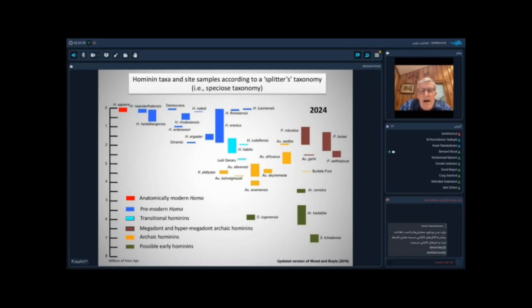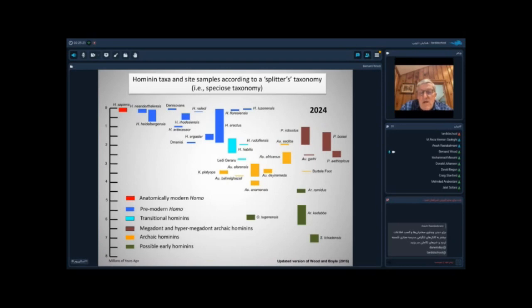The colors are an attempt to try and divide all the extinct ancestors or close relatives into grades. And the ones that are red are modern humans. The ones that are blue have a sort of body plan, which is more like a modern human than like an ape.